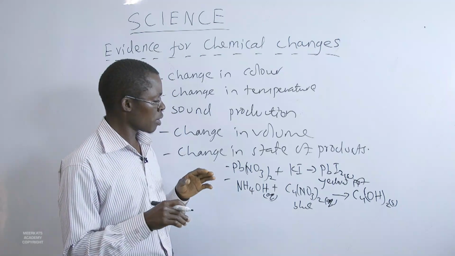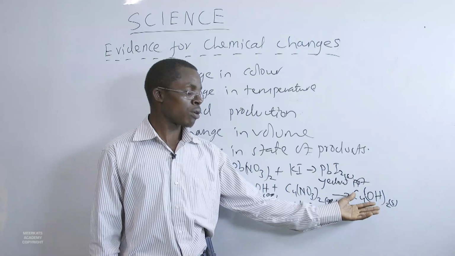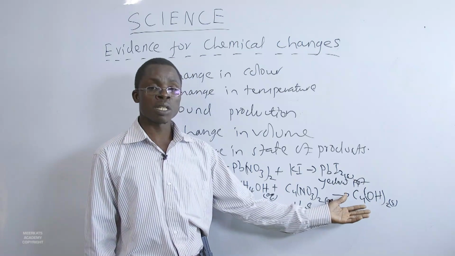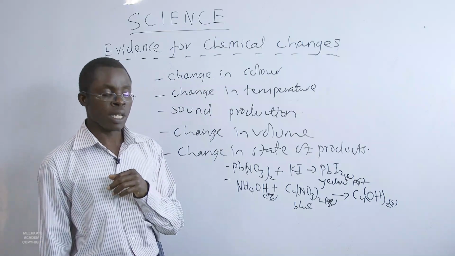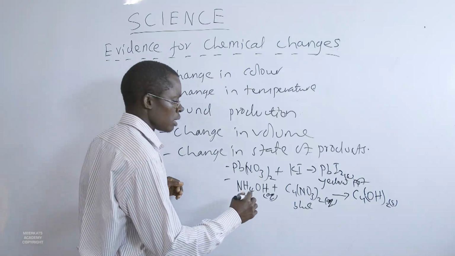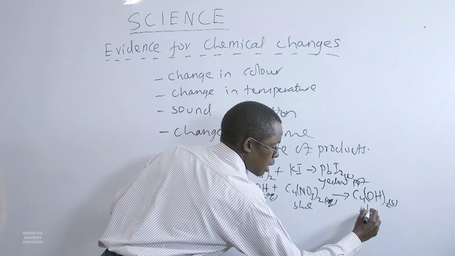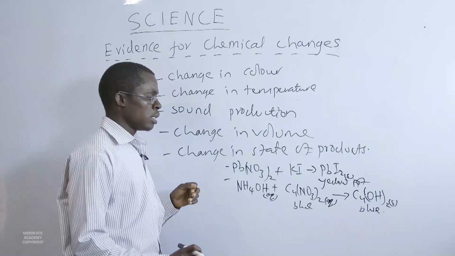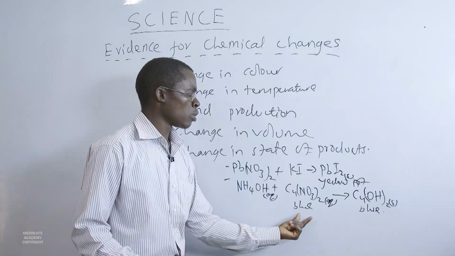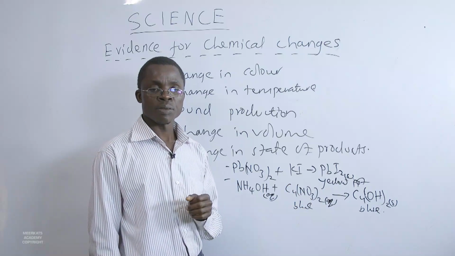But the ones you can notice very well are, 1, change in state, where you see copper hydroxide, which is a solid, formed as a precipitate. And number 2, color change. The precipitate that is formed is blue in color. So blue, yes, but these are blue solution and these are blue solid, which is a blue precipitate.